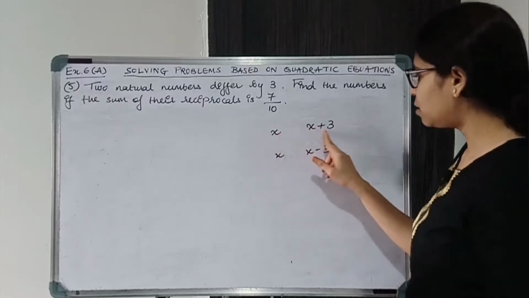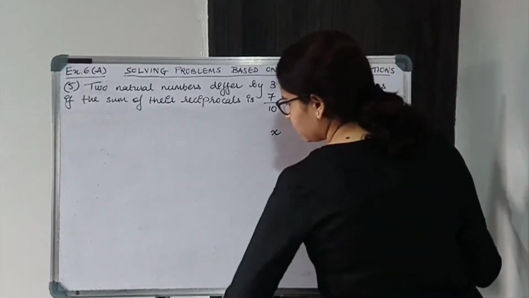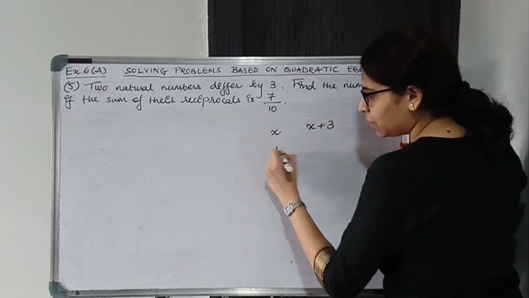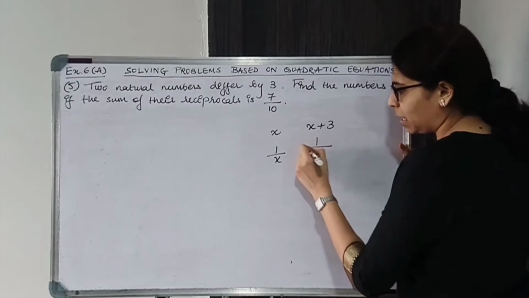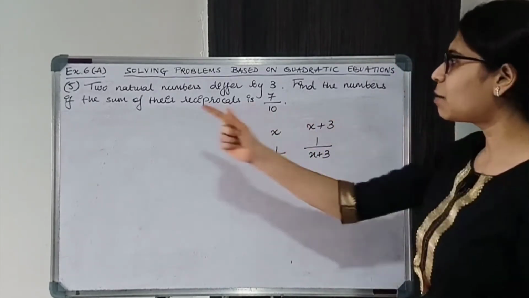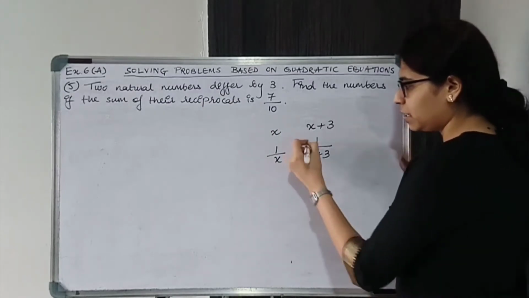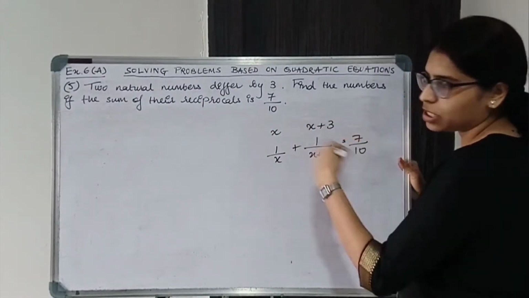Two numbers are this, तो उनका रेसिप्रोकल क्या हो जाएगा? x का रेसिप्रोकल विल बी 1/x and x plus 3 का रेसिप्रोकल 1/x plus 3. Alright, so the sum of their reciprocals, that is basically adding the reciprocals, it is equal to 7/10. You just need to solve.